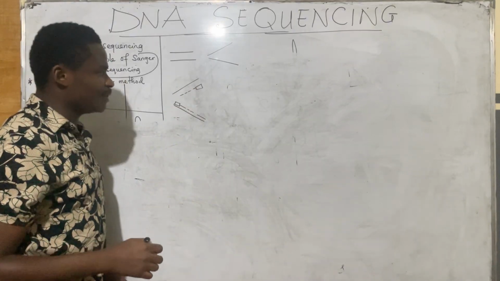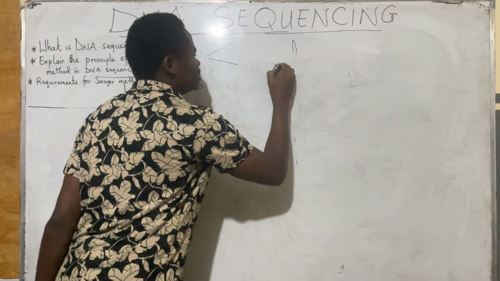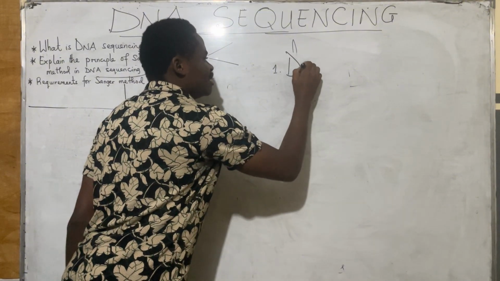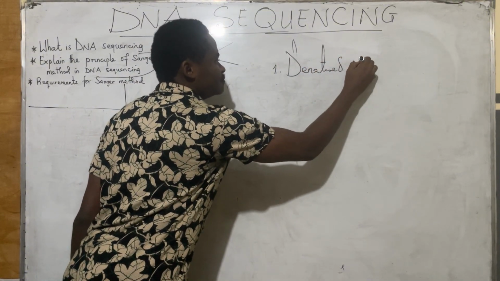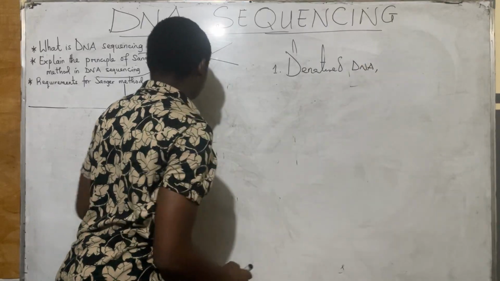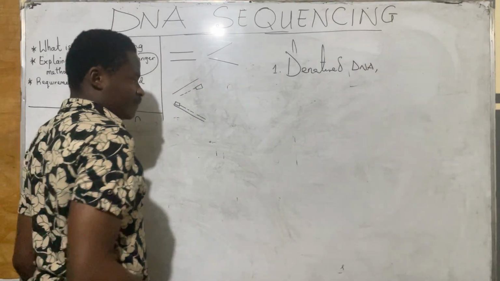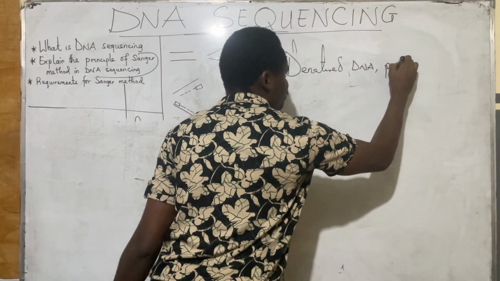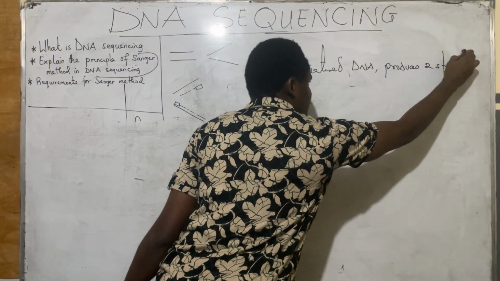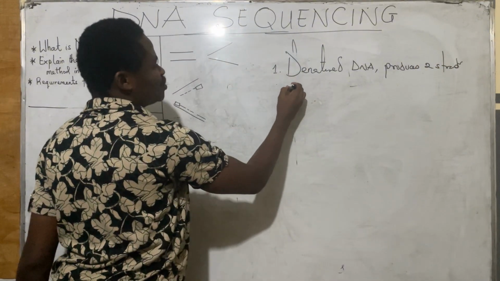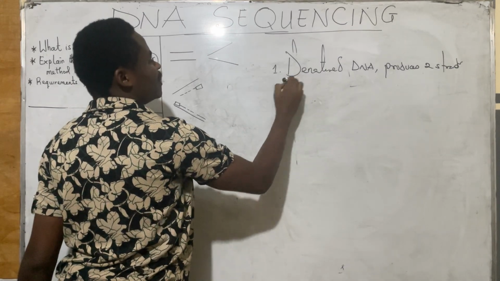So what have I said? Point number one was that denatured DNA will produce two new strands.